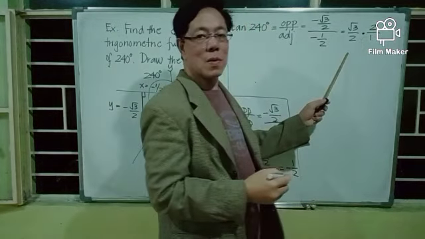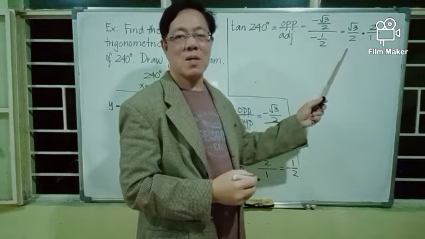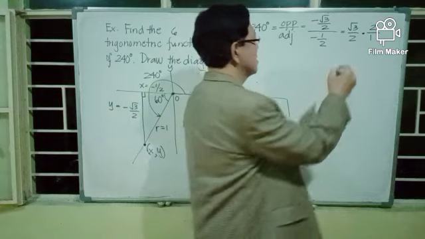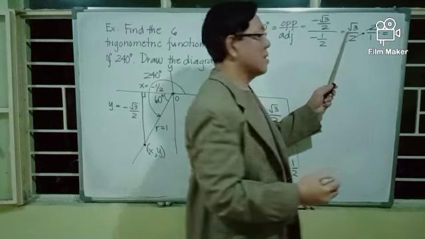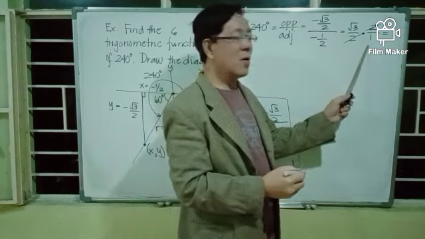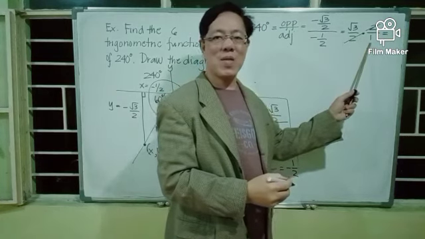The 2 over 2 will cancel out because it's equal to 1. And square root of 3 divided by 1 is square root of 3.